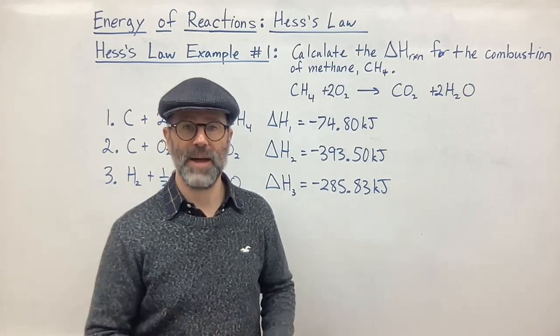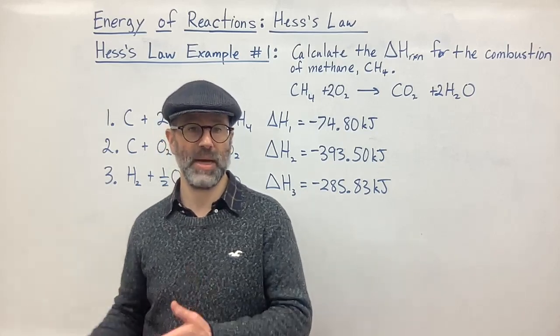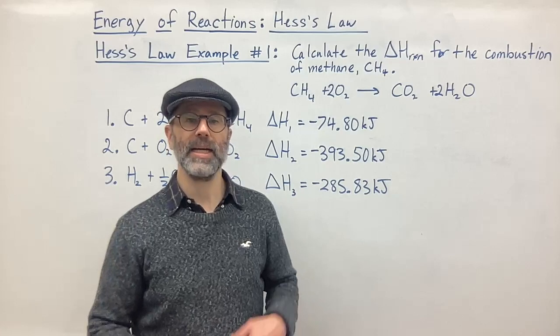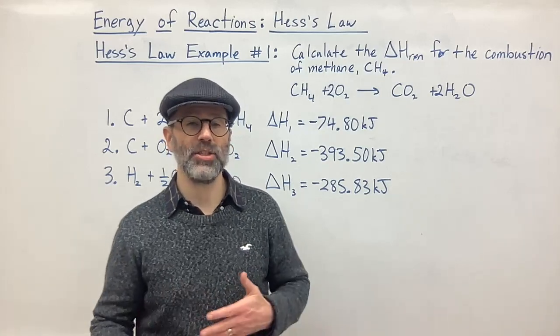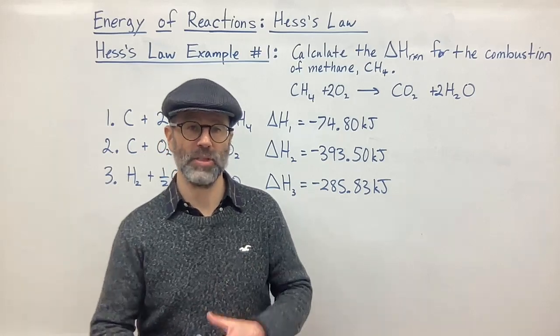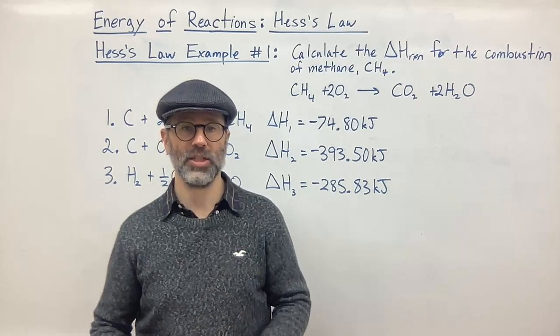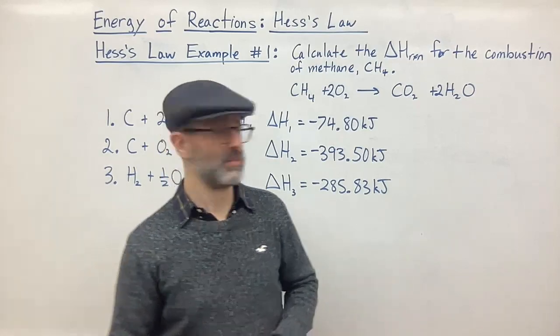If you multiply by a factor, then you have to multiply the delta H of the reaction by that same factor. And if you add reactions together to get a third reaction, then you add those delta H's together to get the delta H of that resulting equation. So let's get into this.